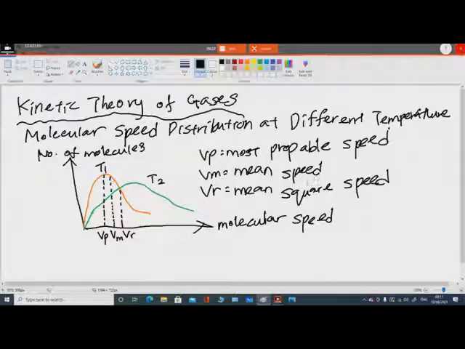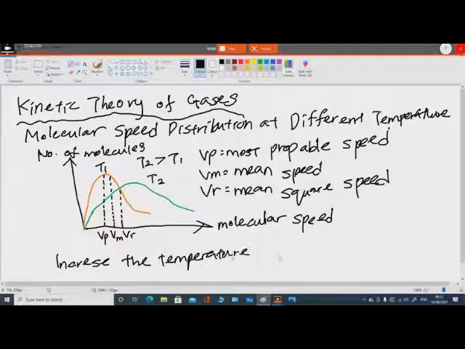Let's say T2 is more than T1. At T1 we can see the most probable speed, the mean speed, and finally the root mean square speed. When I increase the temperature from T1 to T2, we can see the curve of distribution changes.